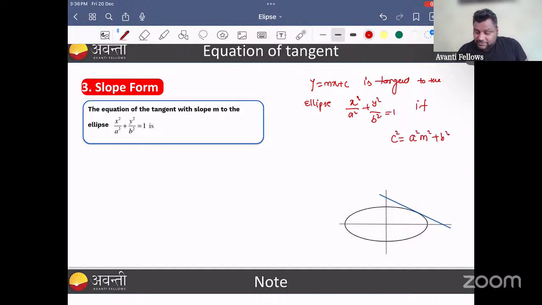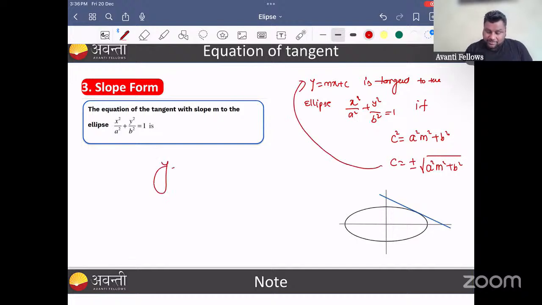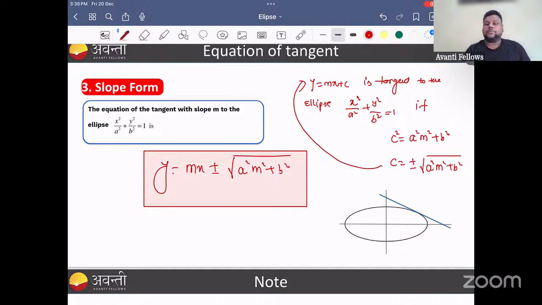That means c is plus minus the square root of a square m square plus b square. So you just replace this value of c here. So y equals mx plus or minus the square root of a square m square plus b square. This is the equation of tangent to the ellipse in slope form.